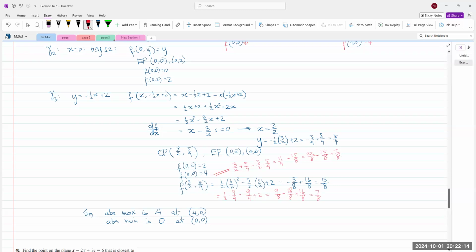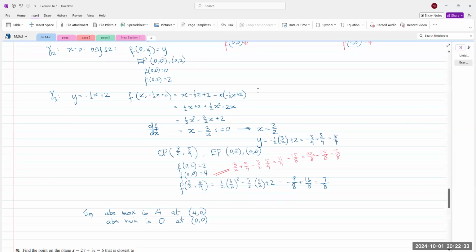How did I get that? Should be 9 here. It doesn't change the result though. So it should be 9, this should be 7. But the absolute max and absolute minimum are still the same.